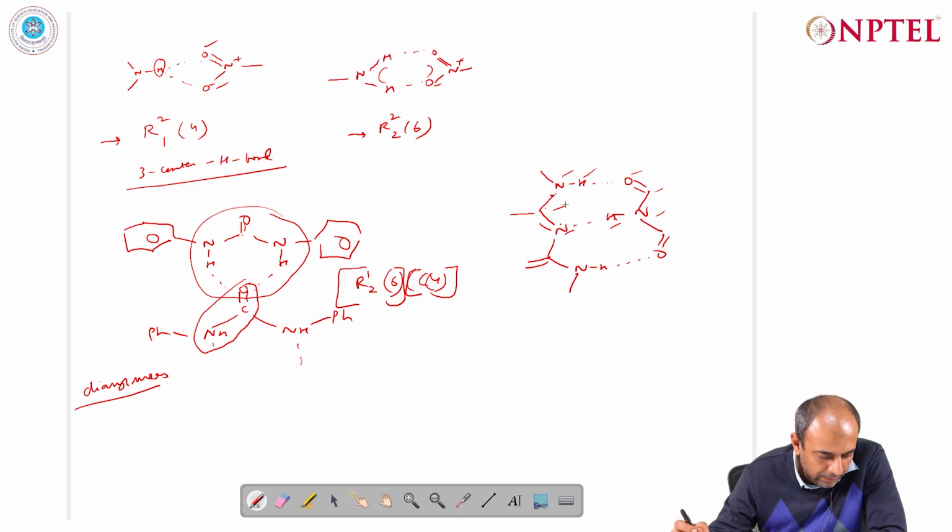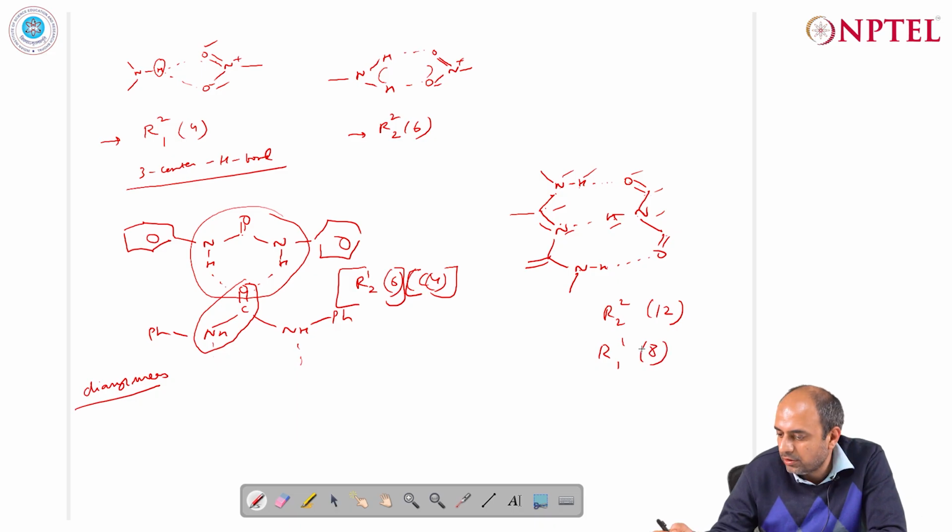This is one 8-membered ring, and then we can also have 1, 2, 3, 4, 5, 6, 7, 8, 9, 10, 11, 12. So we can have R2 2 12, and we can have R1 1 8.